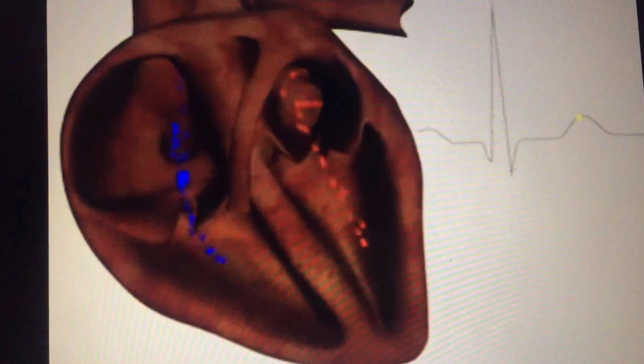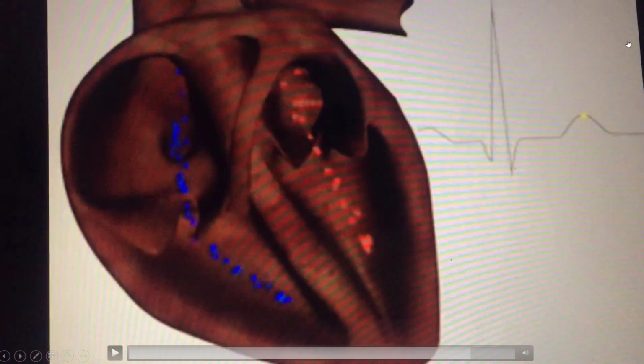Then there is relaxation of the ventricle, and this relaxation of the ventricle produces the T wave in the ECG. Here you can see that the T wave is produced, and this is repolarization, this period from Q, R, S and T. This is the S and this is the T segment.